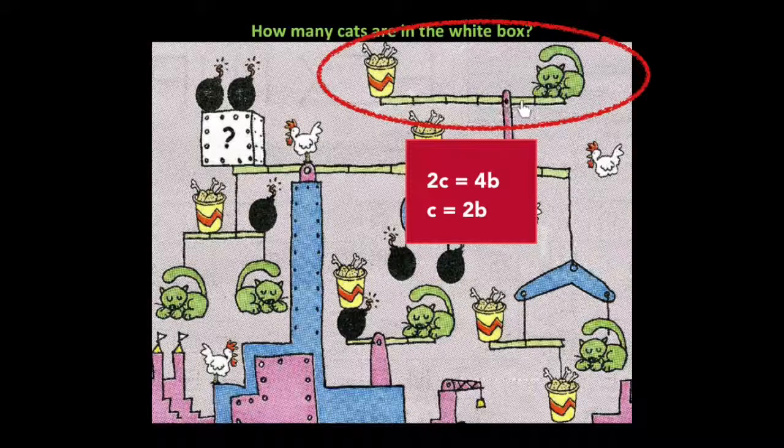Because the distance from the pivot of the cat is 2, so 2 times the cat's weight is equal to 4 units times the bucket's weight. And that simplifies down to c equals 2b. The cat is 2 times the bucket's weight, which is what we found down this right hand corner as well.